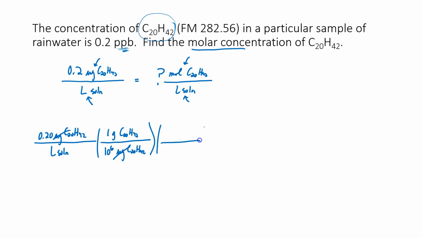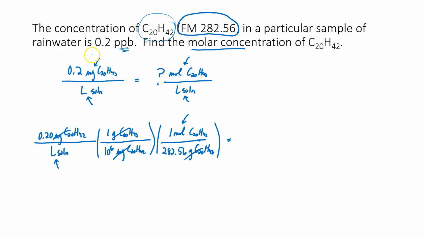And now I can use the molar mass that they gave us. It looks like 282.56 grams of the alkane is in 1 mole. And I think that's it, right? We've got moles upstairs, liters downstairs, done and done.